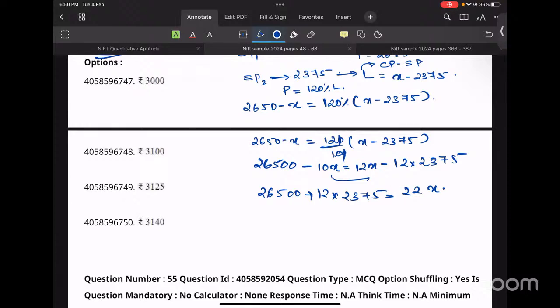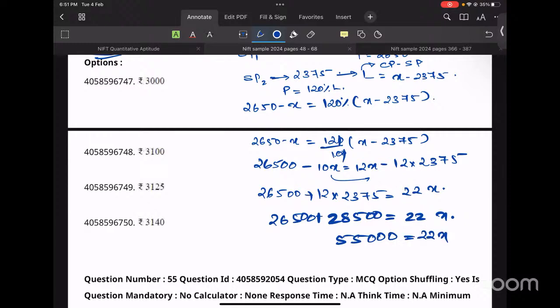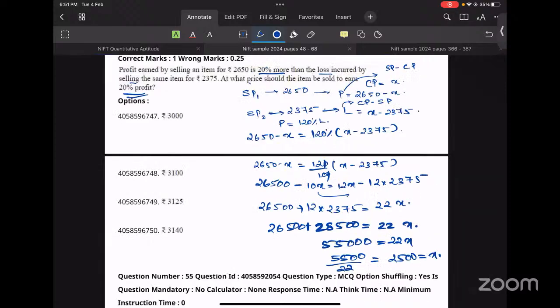So it will be 28500. And when you add 26500 with it, it equals 22x, so it will be 55,000 equal to 22x. 55,000 divided by 22 is 2,500, which equals x.